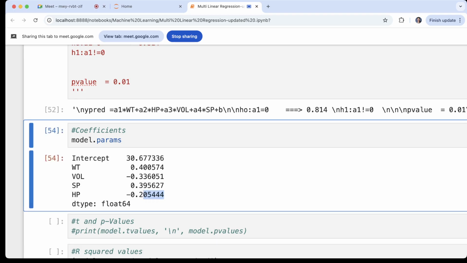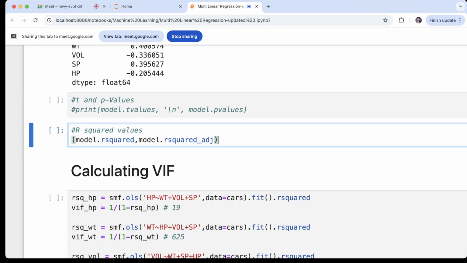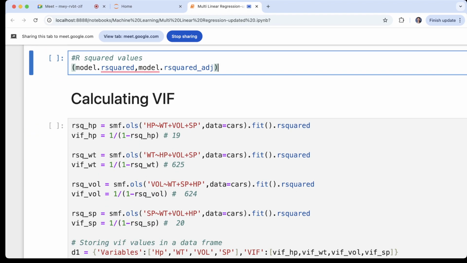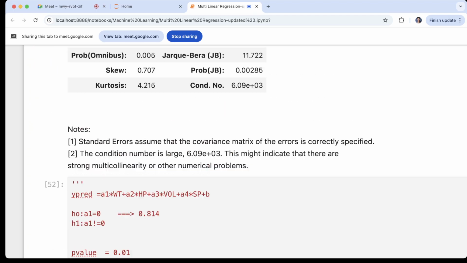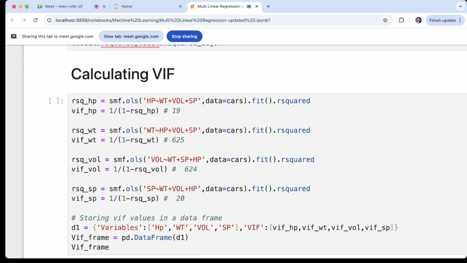This is the intercept value, and this is the slope. Now we know that the p-value indicated that there are some dependent variables. So what was our first assumption? That all features should be independent.